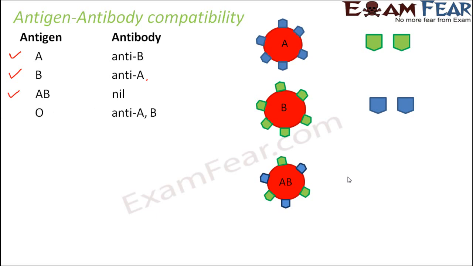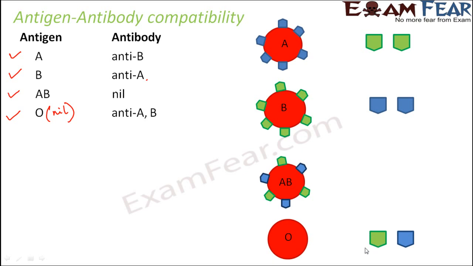What about the blood group O? Blood group O is compatible with both the antibodies. That's because blood group O does not have any proteins on its surface. So it is okay with green or blue. Nobody is going to attack them because there are no proteins present on their surface. So if the antigen is O, that means there is no antigen in the case of blood group O, so it is compatible with both the antibodies, anti-A as well as anti-B.